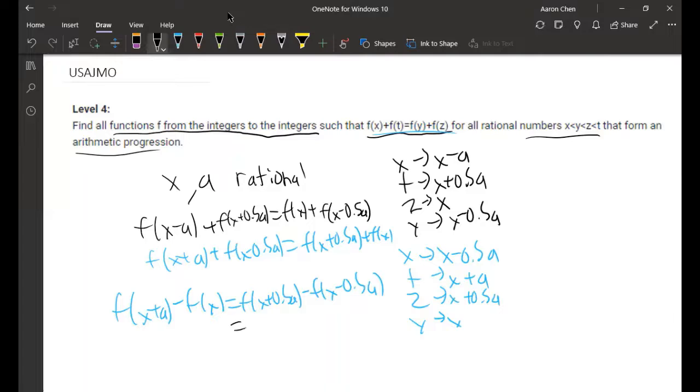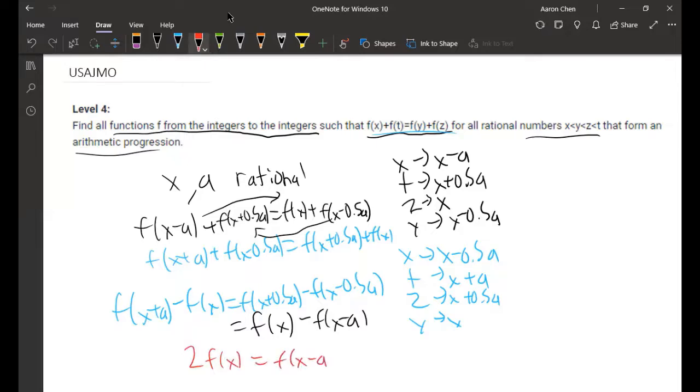And from the first equation, we have that this is equal to f of x minus f of x minus a. And so if we combine like terms, what we get is 2f of x is equal to f of x minus a plus f of x plus a.